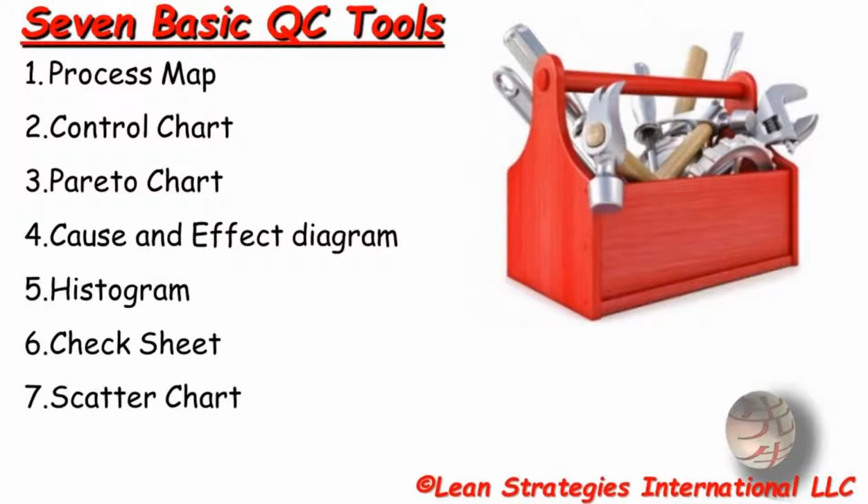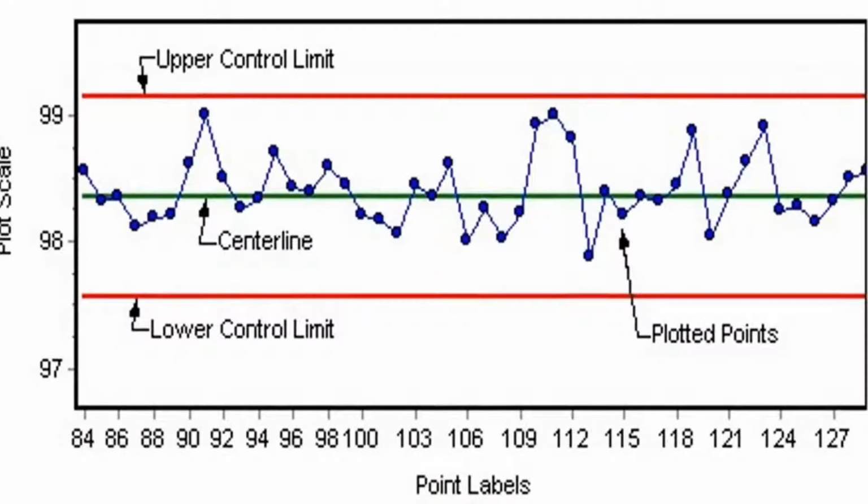Okay, the next tool in the 7 basic tool set is the control chart. Officially, the control chart can be defined as a graphical comparison of the process performance in the current state with predetermined standards or control limits. The illustration shown here shows a control chart. As you can see, the center line represents an established mean value.